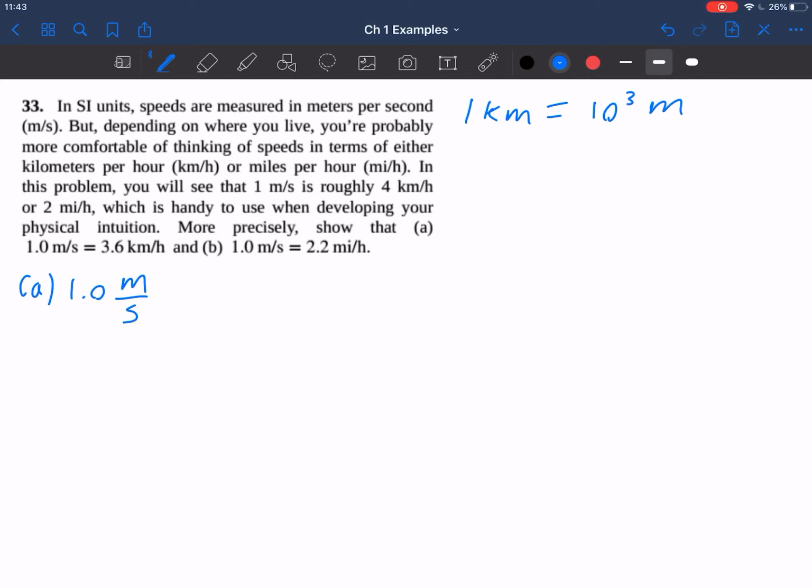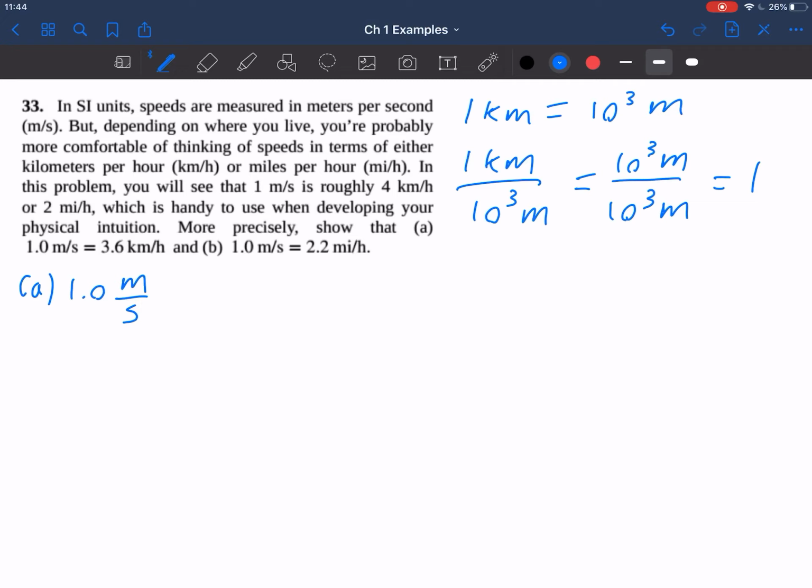If I divide both sides by 10 to the 3 meters, I have 1 kilometer divided by 10 to the 3 meters is equal to 10 to the 3 meters over 10 to the 3 meters, or equal to 1, right? So this ratio is equal to 1, meaning I can multiply it by any other measurement and I'm not changing the measurement, I'm just converting from one type of unit to a different type of unit.